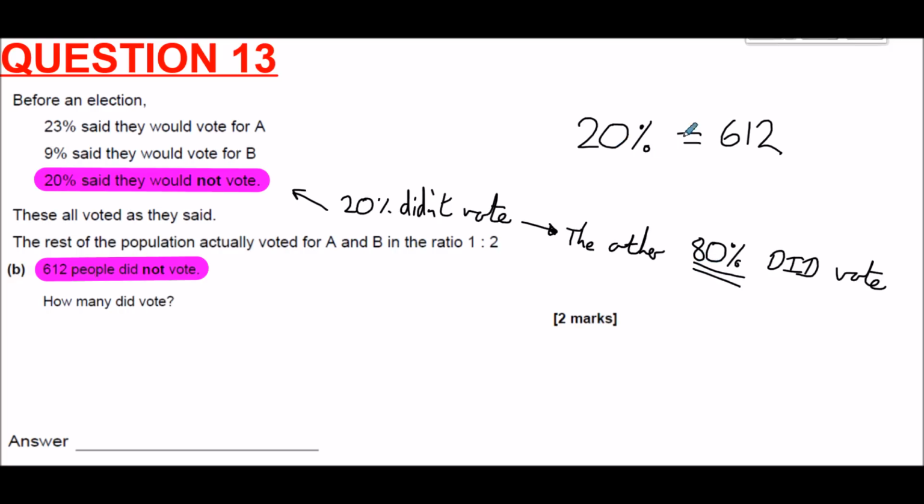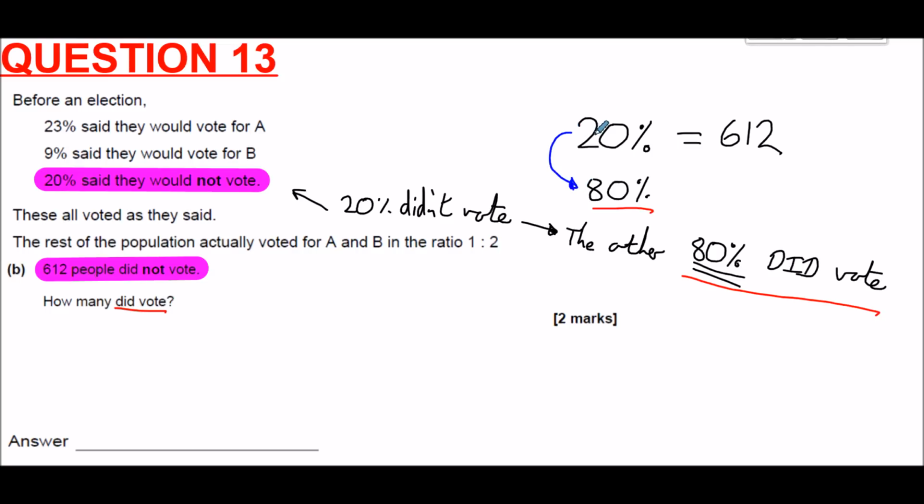So we know what 20% of people is. What we could do with working out now is how many people 80% would be. Because 80% of the people, that's representing the people that did vote. So how can I go from 20% up to 80%?